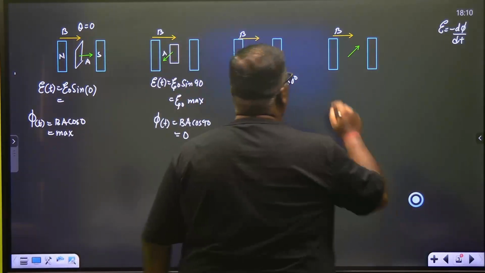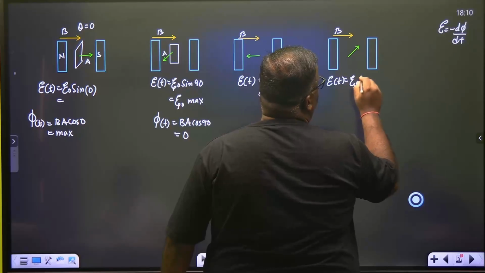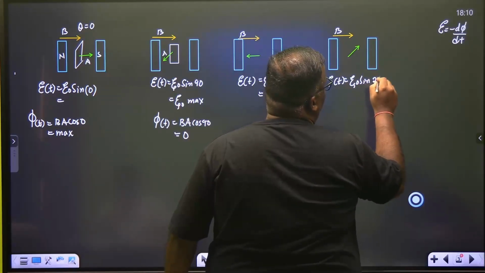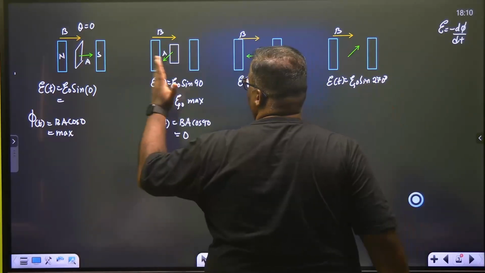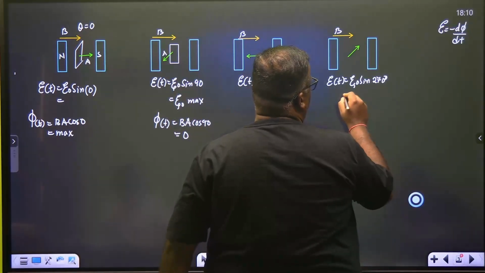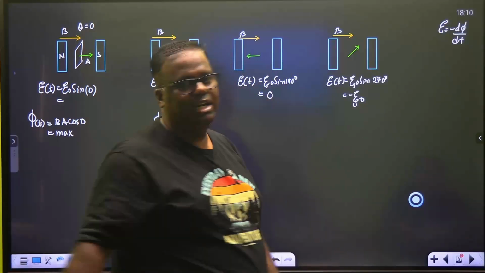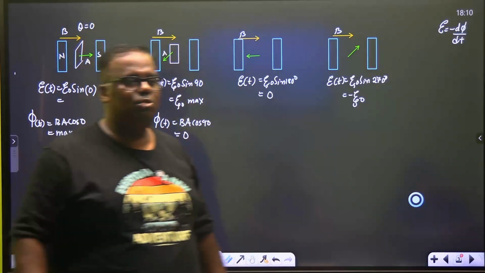So now my E at time t will be given by E naught sine 270. 90, 180, 270. So this will be negative E naught. Sine 270 is how much? Negative 1.